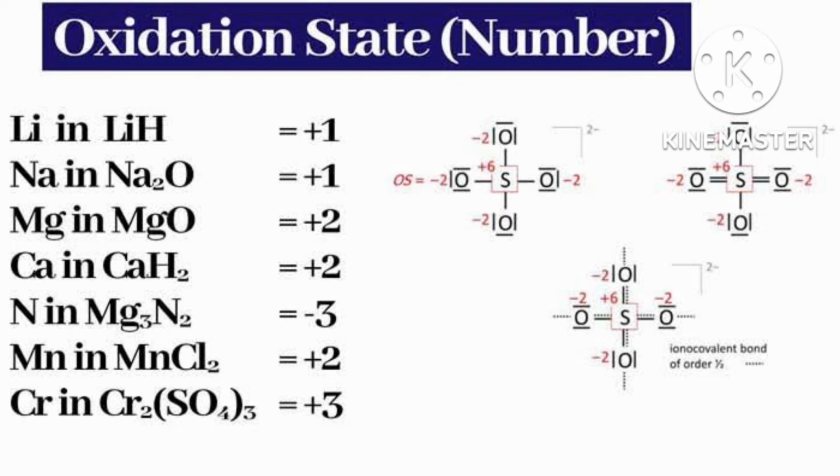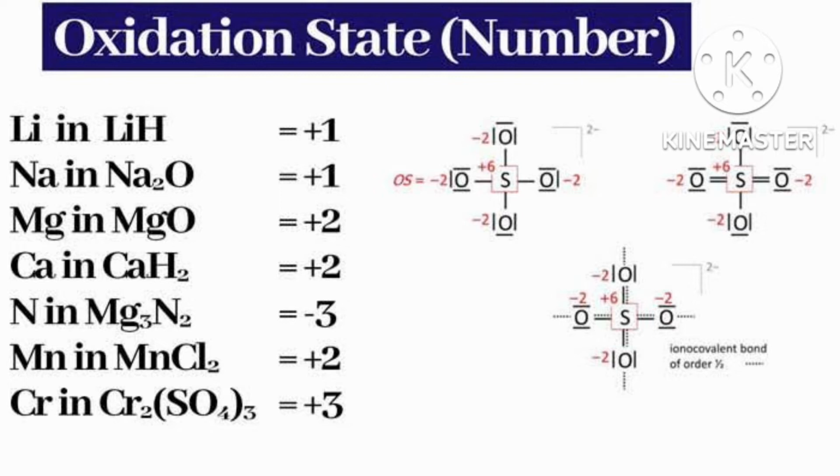Now next, since there are two fluorine atoms in this molecule, oxygen with outer electronic configuration 2s2 2p4 shares 2 electrons with fluorine atoms and thereby exhibits oxidation state +2.